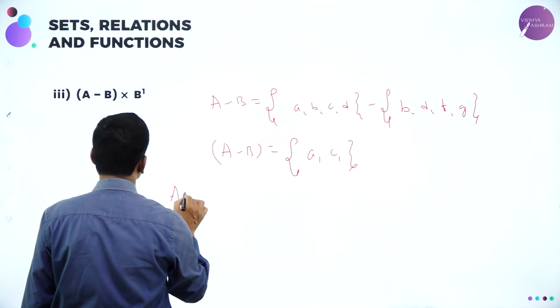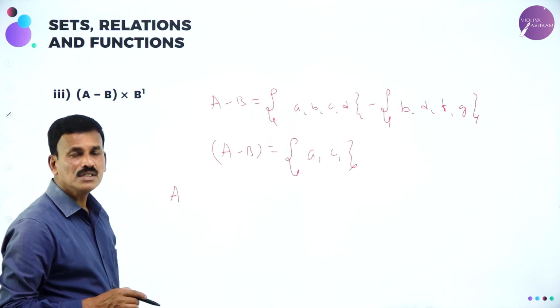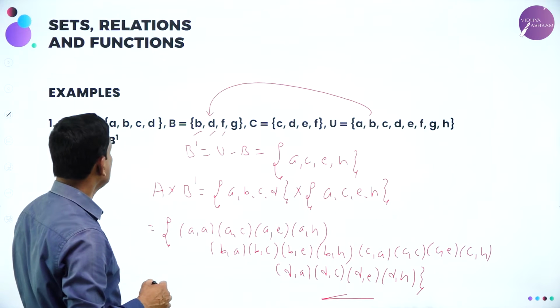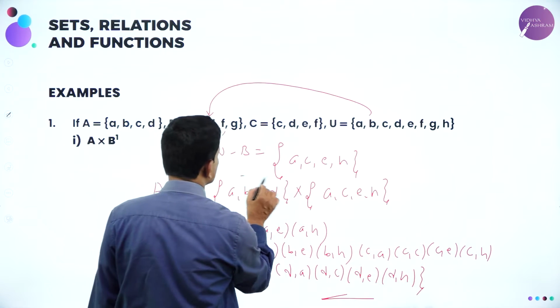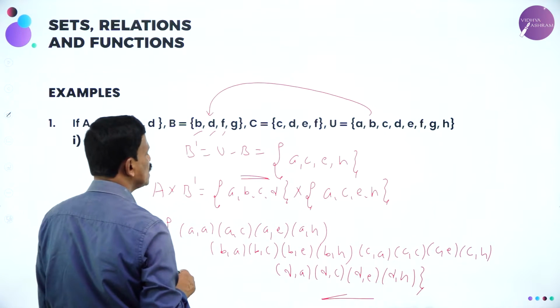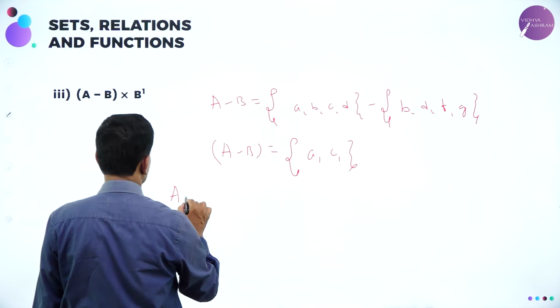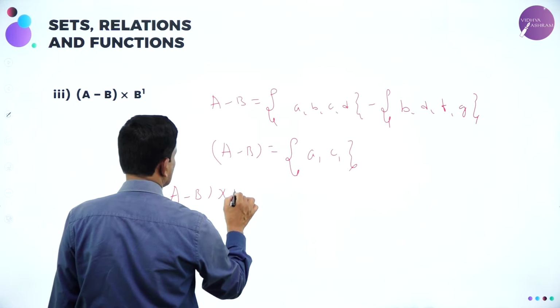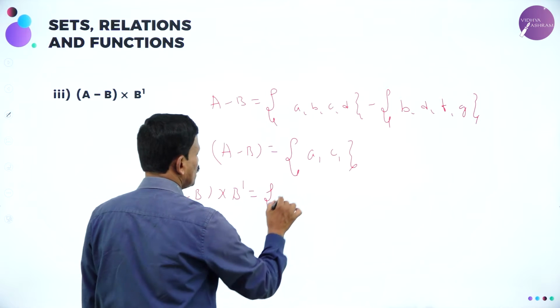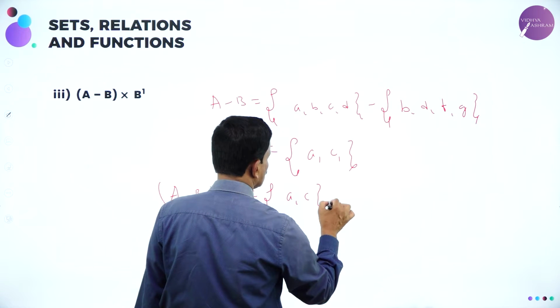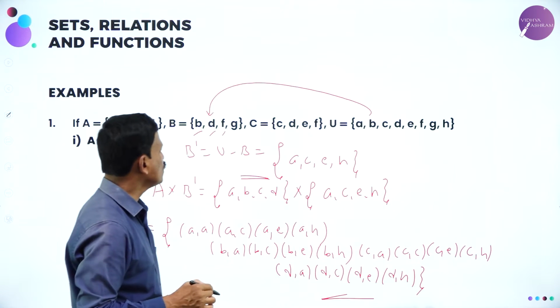Now what to write is A minus B cross B dash. What is B dash? This is B dash: A, C, E, H. A minus B cross B dash. A minus B is A comma C, into B dash. Already we got B dash.